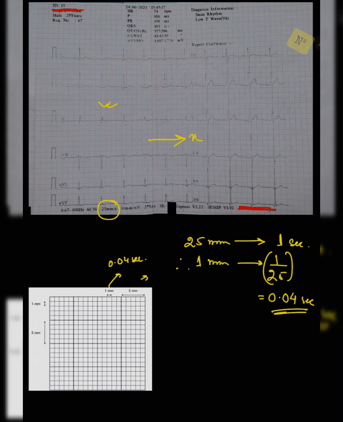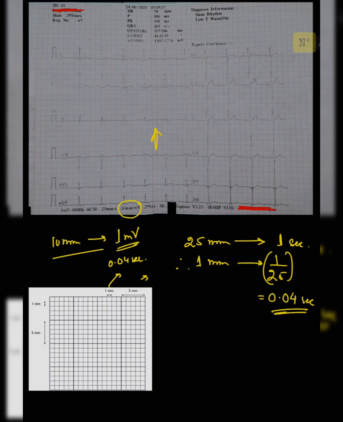Now let's calculate the y-axis of the graph. The y-axis gives you the value along the vertical distance. For that you note down this value: 10 millimeter is equal to 1 millivolt.